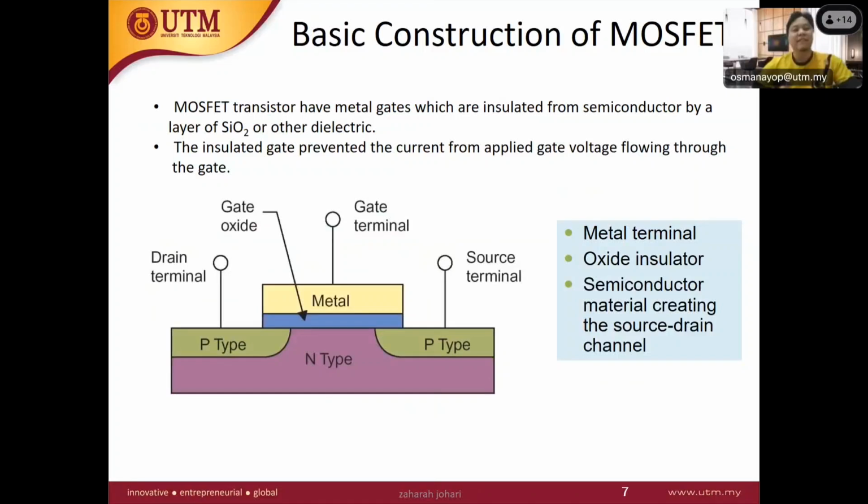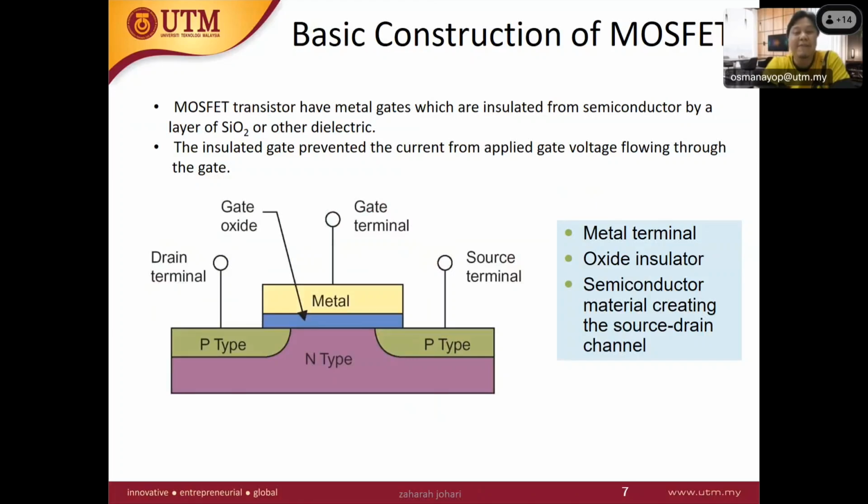All right. So we continue with the basic construction of MOSFET. Hopefully you still remember how we construct a BJT. A BJT is basically the combination of two PN junctions, whether it's NPN or PNP, and the body of each part is connected with one terminal.